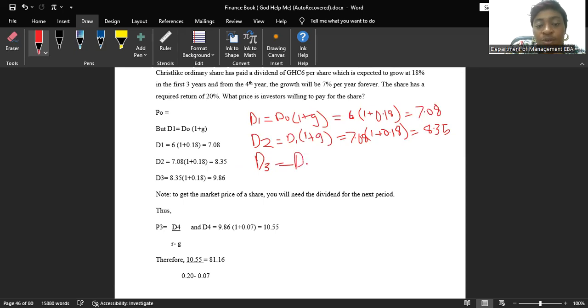So that will be D2 times 1 plus 10, which is equal to 8.35 times 1 plus 0.18. That's what? 9.86.